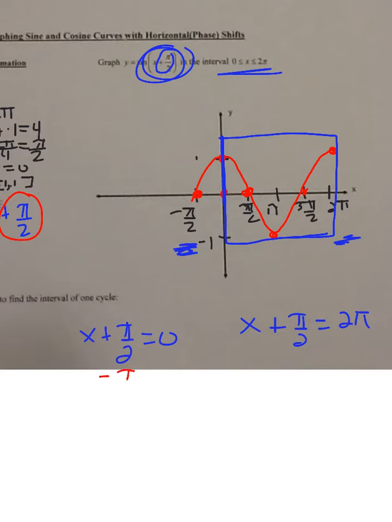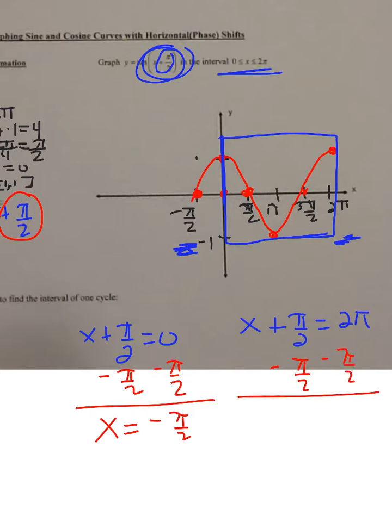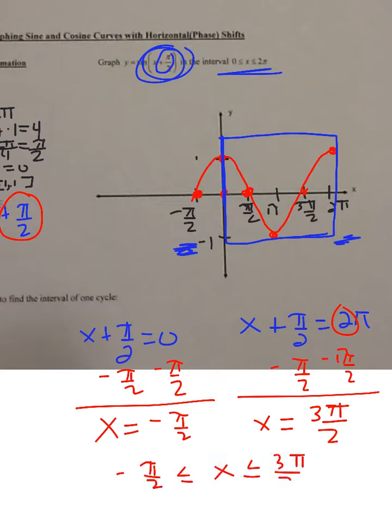So minus pi over 2, you get x is equal to negative pi over 2, minus pi over 2. So just in your calculator, do 2 minus 1/2, and you get x is equal to 3 pi over 2. So your interval is from negative pi over 2 is less than or equal to x is less than or equal to 3 pi over 2.